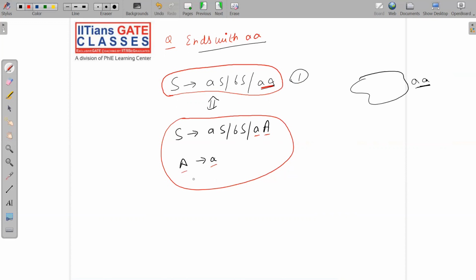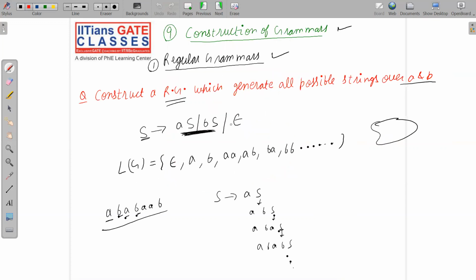Let me tell you one more thing. To generate any language, we can have infinite regular grammars. We cannot say 1 method, 2 method, 3 method. We can have infinite regular grammars which can generate a particular regular language. Let me give you one more example. See here, we have written what? All possible strings over a and b.